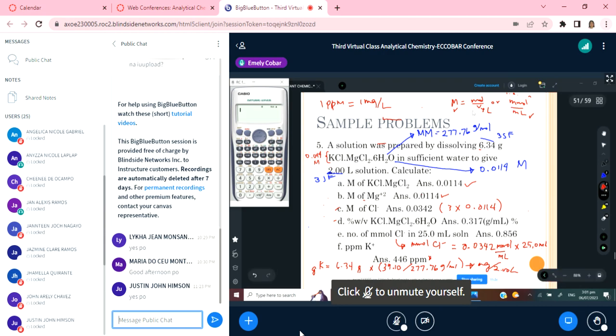So, ano ba ang given dito sa problem na to? Meron na akong concentration ng chloride. Now, sabi, kung meron kang 25 ml of this solution, ano yung millimole? So, I'll just use this formula. Given ang molarity, given ang volume, I'll be able to get millimoles.